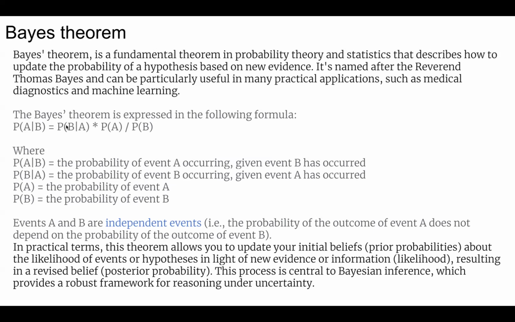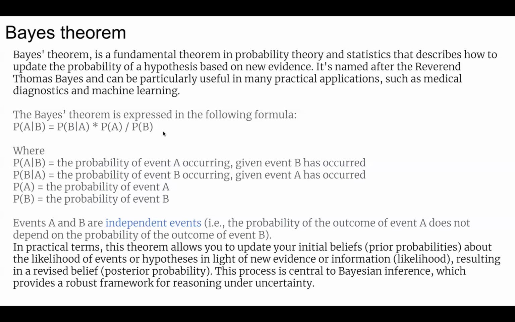So the formula is computed as probability of B given A multiplied by probability of A divided by probability of B, where A and B are independent events. Like your blood results are independent of the disease.